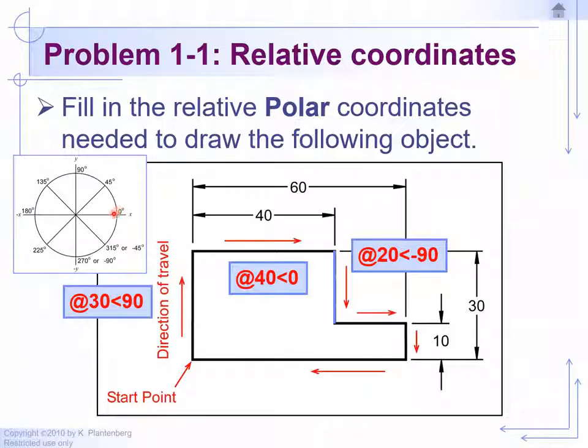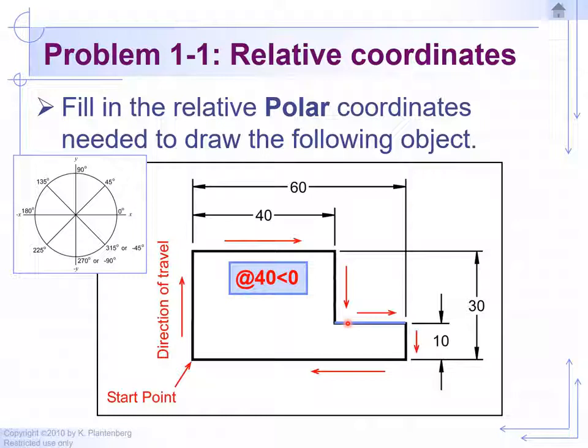Minus 90 with respect to the x-axis tells us to go clockwise 90 degrees. So you can either type in 270 or minus 90 for your angle and hit enter and it'll generate the line.